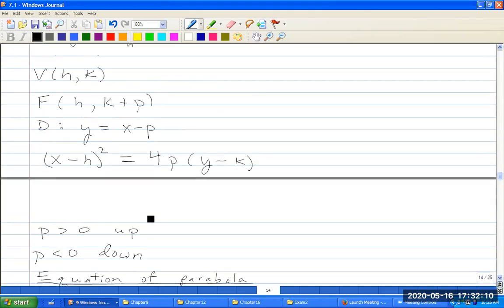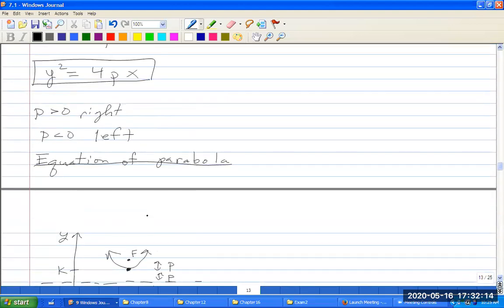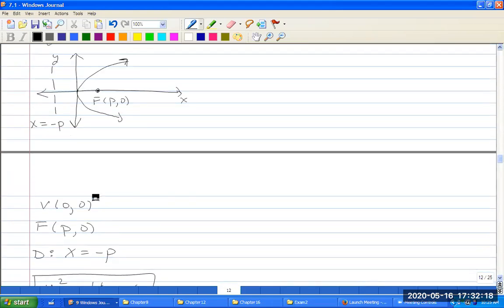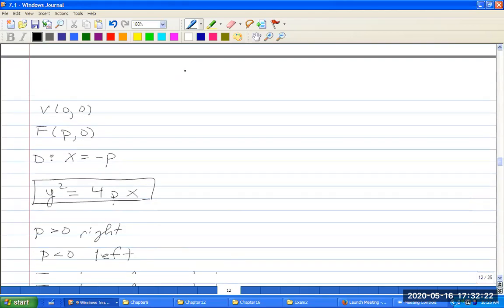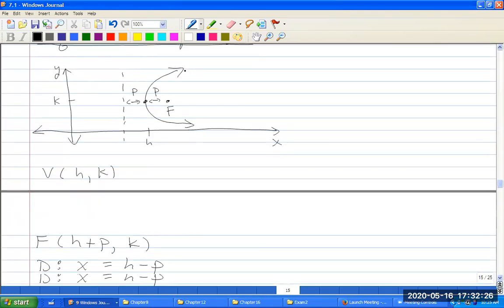Lastly, if you do a translation of this one, so if I translate this guy here and I move it over to (h, k), then the vertex will be at (h, k).